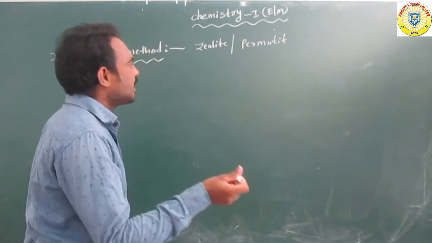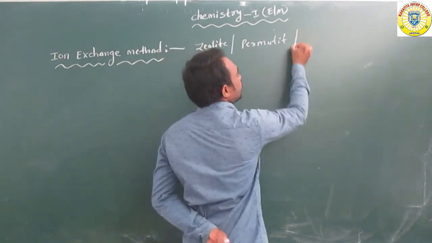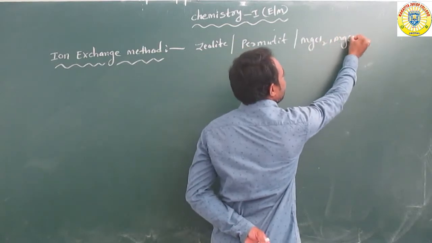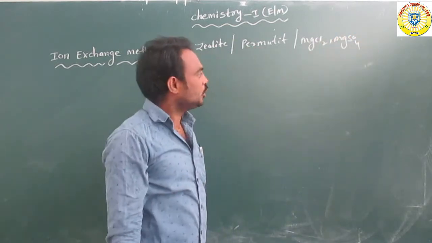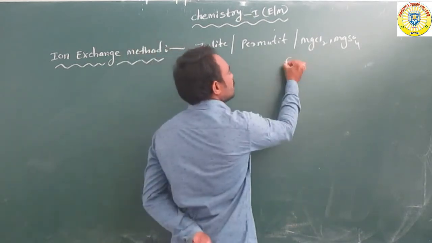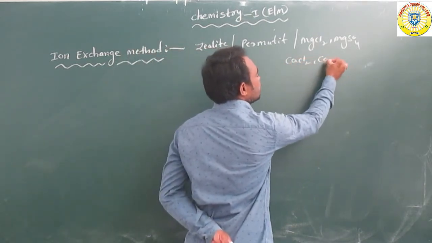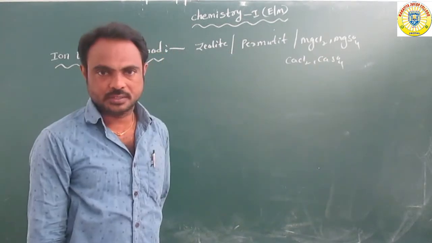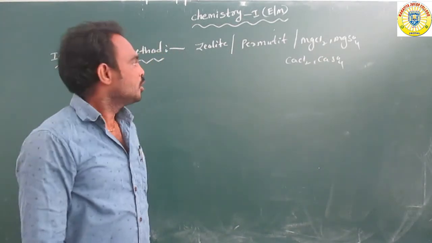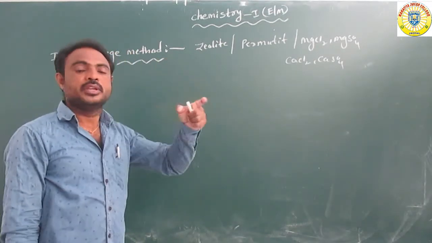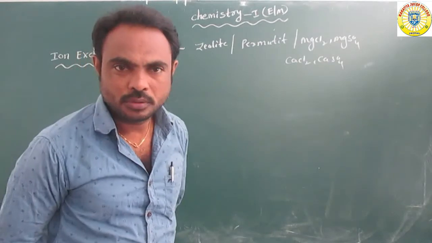Which type of salts? For example, magnesium chloride or magnesium sulfate, MgCl2 or MgSO4, CaCl2 or CaSO4, calcium chloride or calcium sulfate. In this process we use a specific compound.